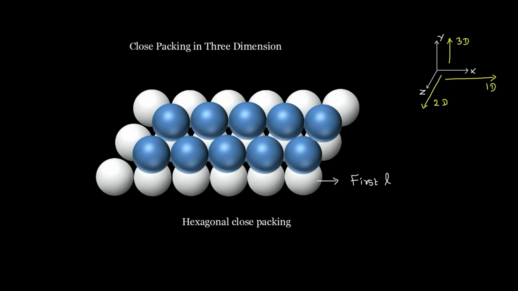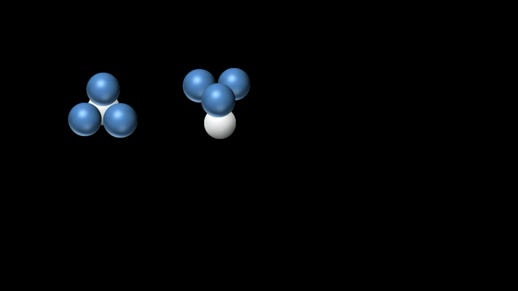If we take these 2 layers of atoms, we have 2 types of voids in between them. The first type of void is called a tetrahedral void, which is actually present in between one atom of the first layer and 3 atoms of the second layer. We see here, we have 3 blue atoms and 1 white atom. In between that we have a tetrahedral void.